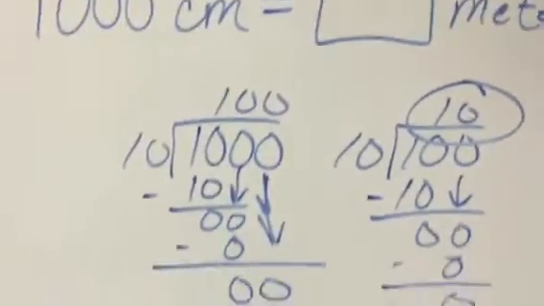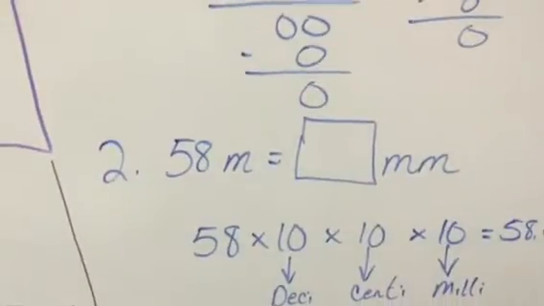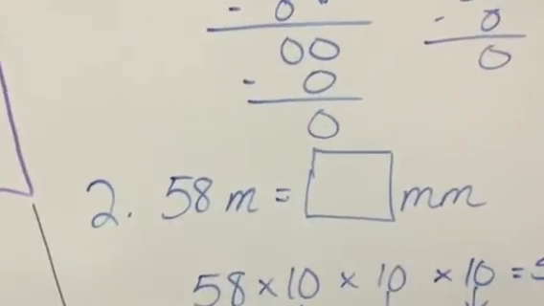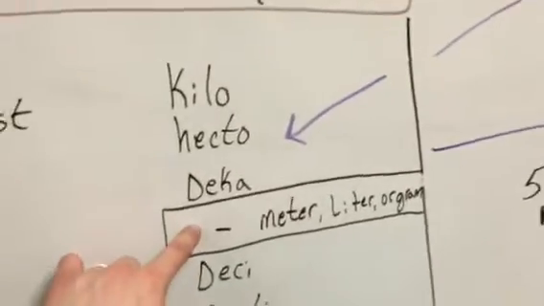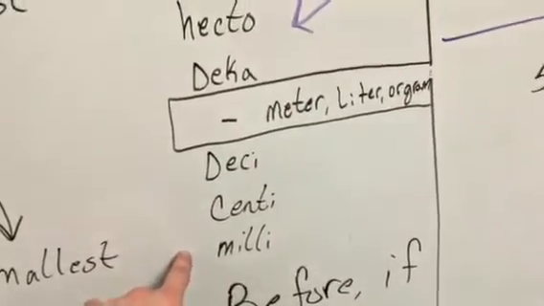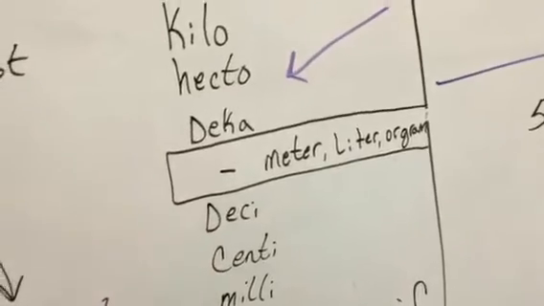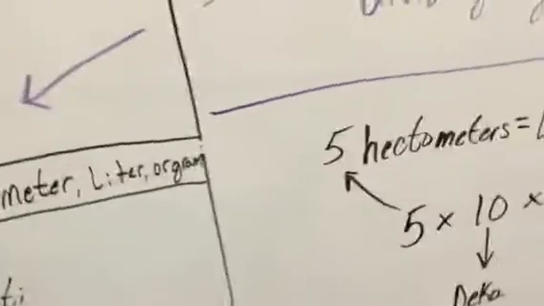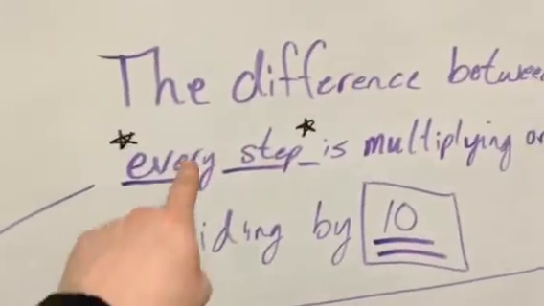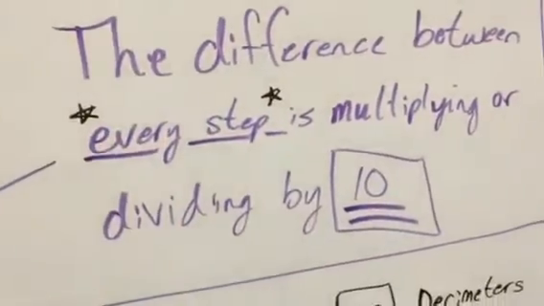Let's look at question number 2. 58 meters equals how many millimeters? We go back to our chart, and we have meters, and we're looking at millimeters. So we're going from largest to smallest, so we're going to multiply. And remember, every step we have to multiply by 10.